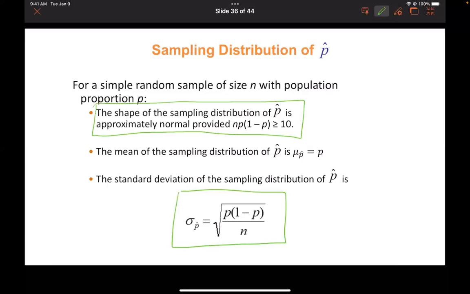It came right back to you. It did not go away. Our mu sub p hat equals the population proportion, and this is our standard deviation.